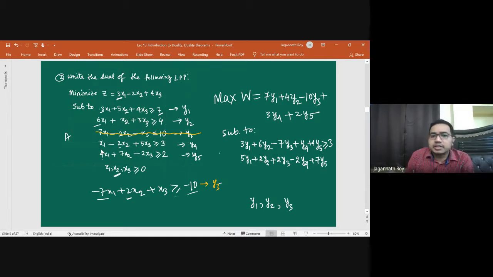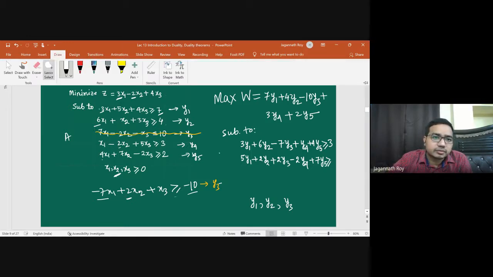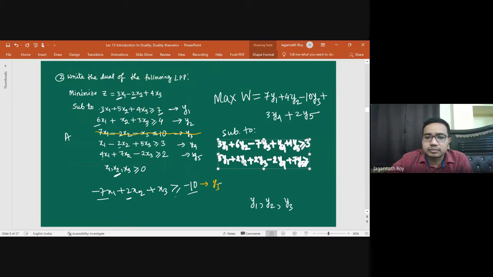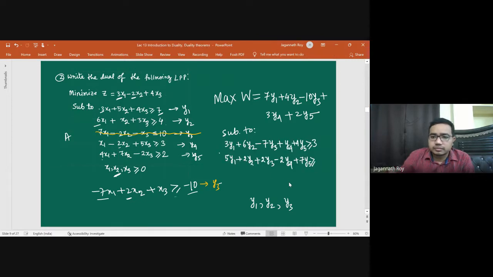Since x2 is greater than type, the second constraint will also be greater than type. But this value will be minus 2, right? So we'll have to write it here. So the coefficient will be minus 2. Now the resource is minus 2.